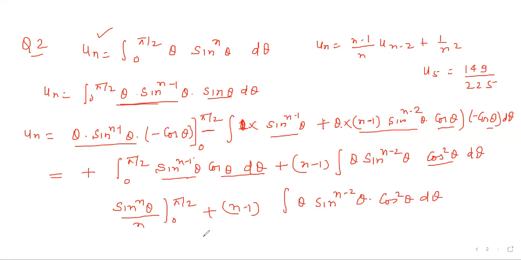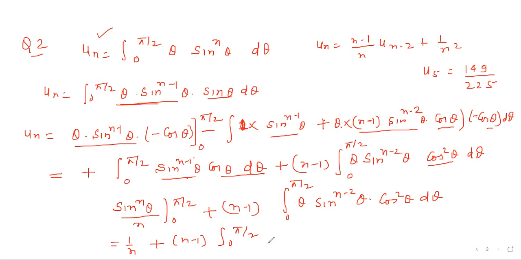Now further, we simplify it. So this will become 1 upon n plus (n minus 1) times integral 0 to pi by 2. Here I forgot to write the limits, 0 to pi by 2.